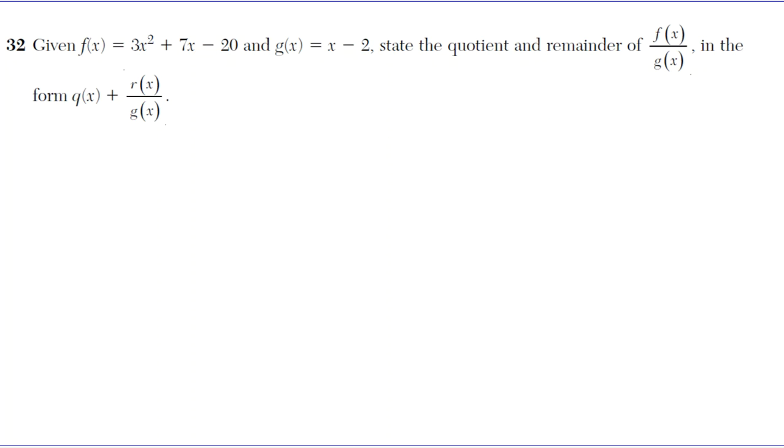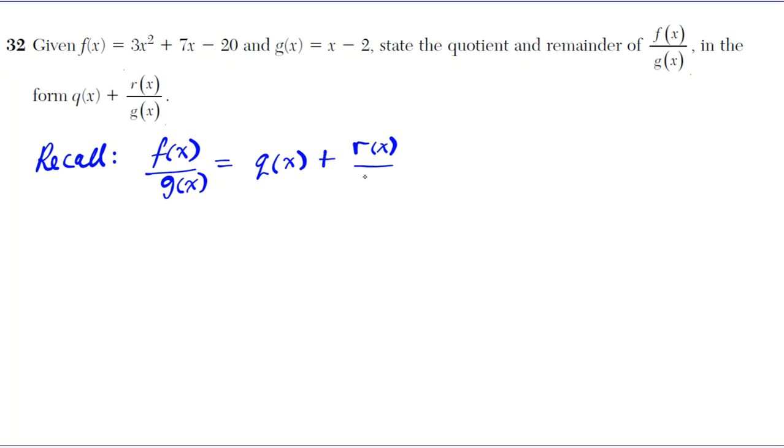Okay, so let's do a real quick review on the vocabulary of finding the quotient of rational expressions. Recall, if you have a polynomial f of x divided by g of x written in the form q of x plus r of x divided by g of x, then we have the following keywords you want to keep in mind.